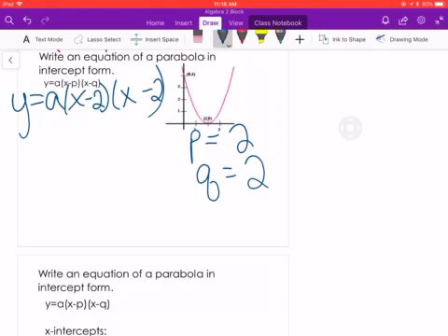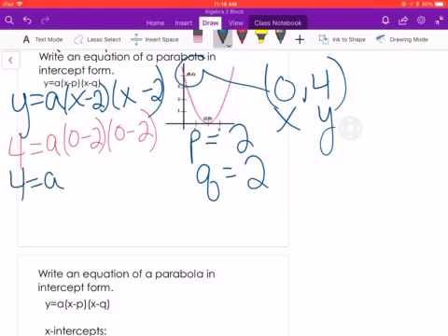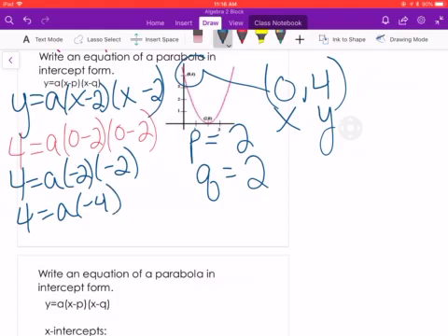Then choose another point. I'm going to use the one they gave me here, 0, 4. So I'm going to plug in 0 for X and 4 for Y. And then evaluating that. So 4 equals A. 0 minus 2 is -2. 0 minus 2 is -2. 4 equals A. -2 times -2 is -4.